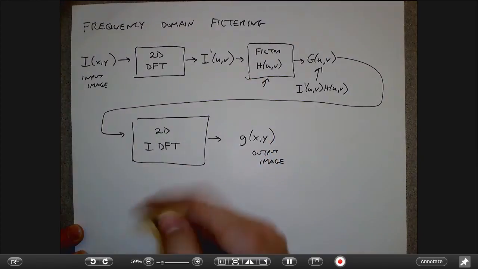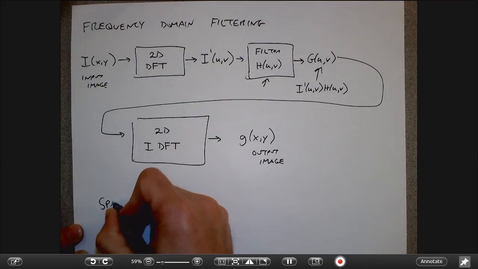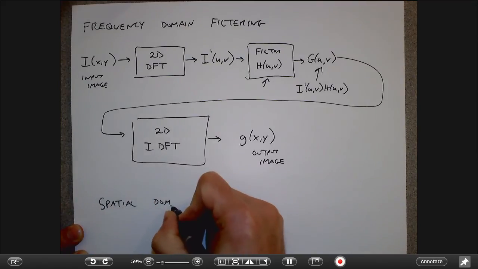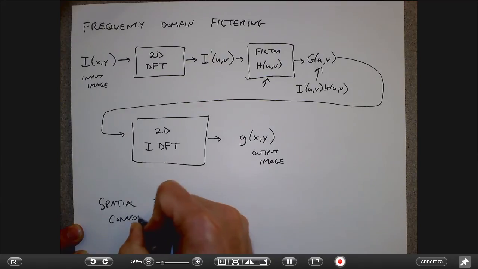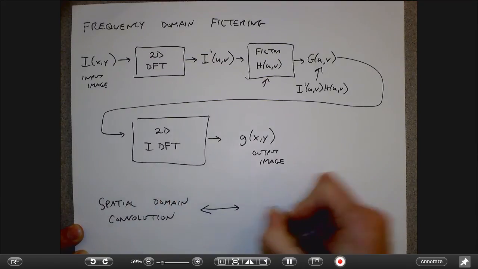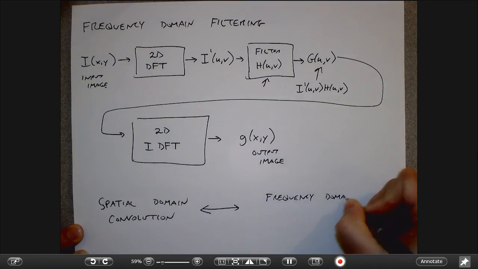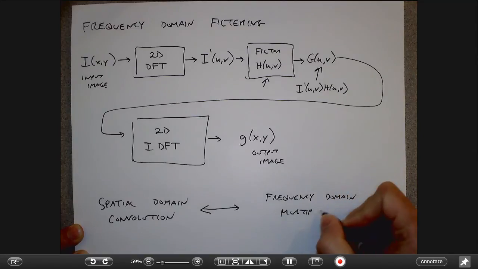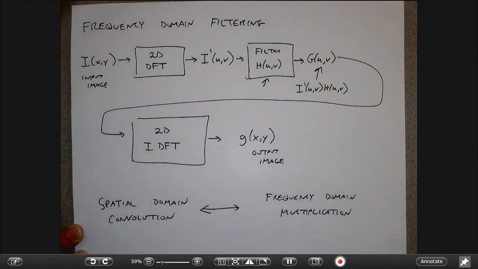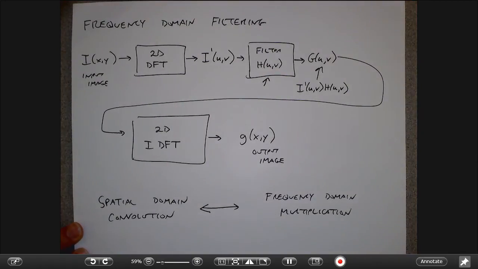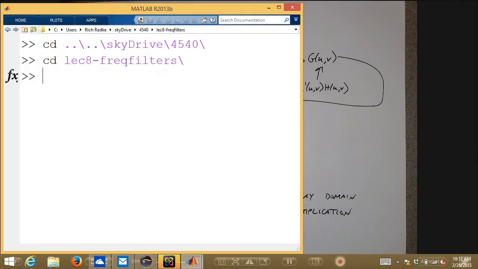And as I mentioned before, spatial domain convolution is the same thing as frequency domain multiplication. Right? And so convolution is basically the same as filtering in the spatial world. Okay, so let's take a look at some filters in the frequency domain.